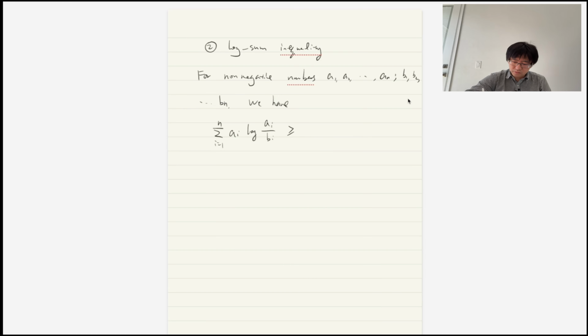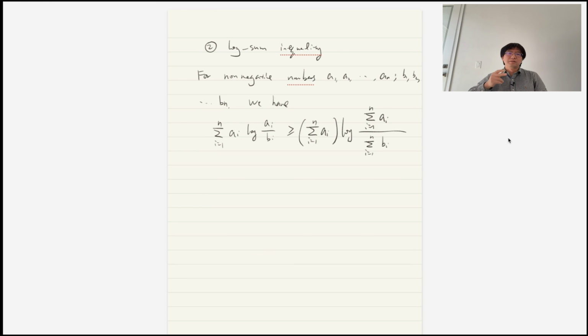Basically now we have the sum of all a here, and then log in the numerator, which is the same as this guy, right? And in the denominator, we have a summation over all the bi's, right?